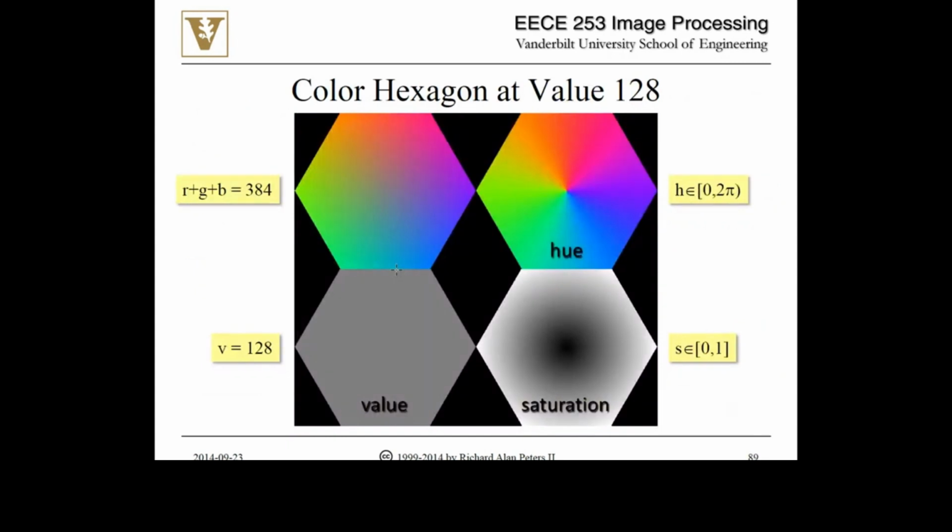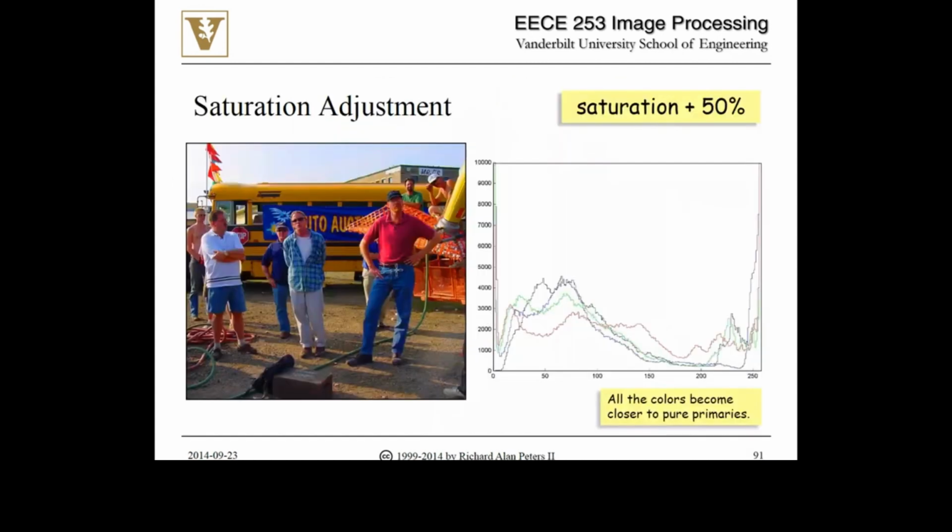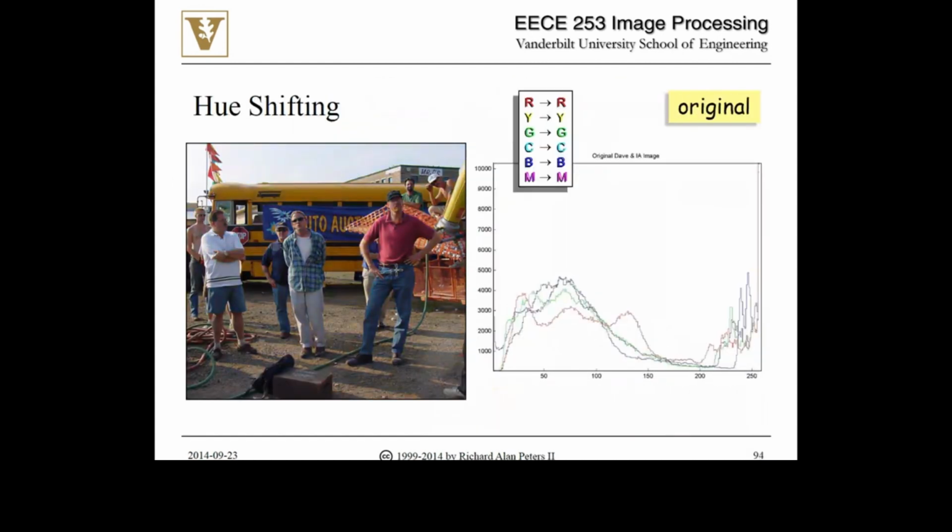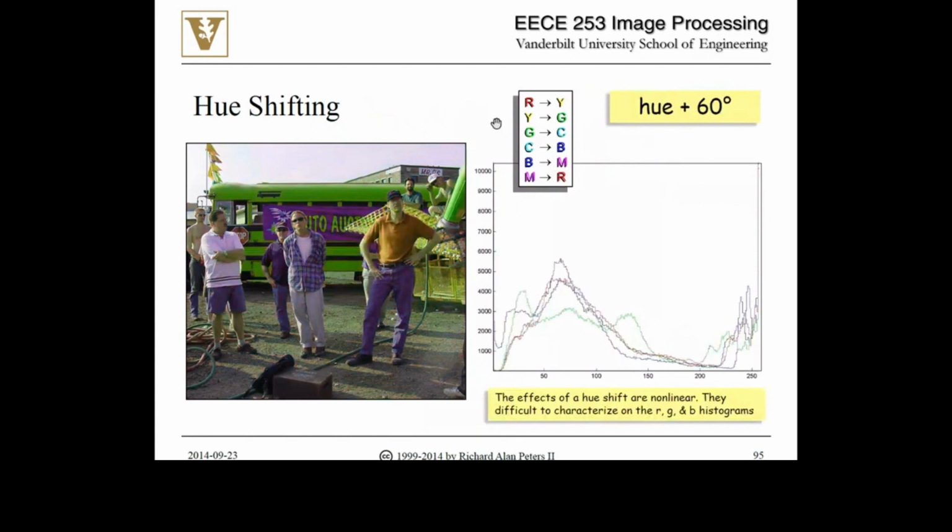Let's say I have a red color here. If I add 60 degrees, I become yellow. And if I take the yellow and add 60 degrees, I become green, and so on. So that is what is said here. This is the original, but now by adding 60 degrees, the red becomes yellow, the yellow becomes green, and so on.